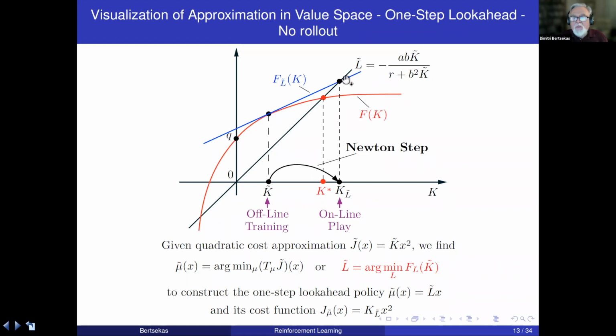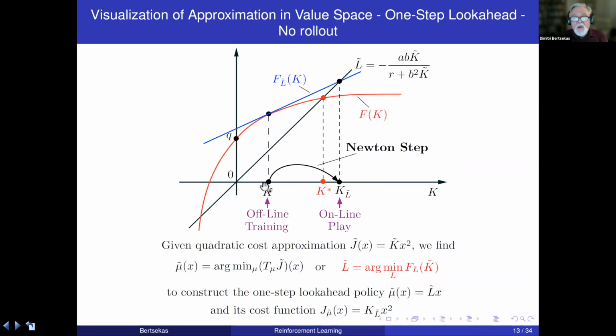Well, we've solved the fixed point problem corresponding to this F L tilde. And this is the quadratic cost coefficient of the one-step look-ahead policy. The one-step look-ahead policy is L tilde, and its cost function is J mu tilde sub x. It's a quadratic function with this K L tilde coefficient.